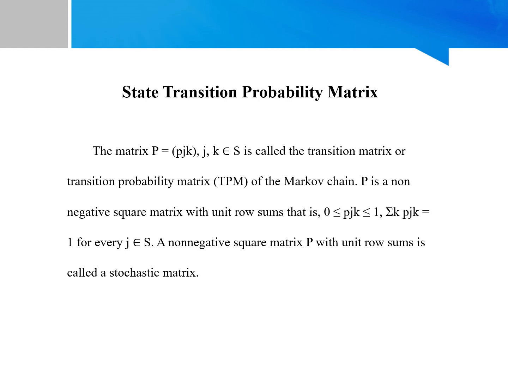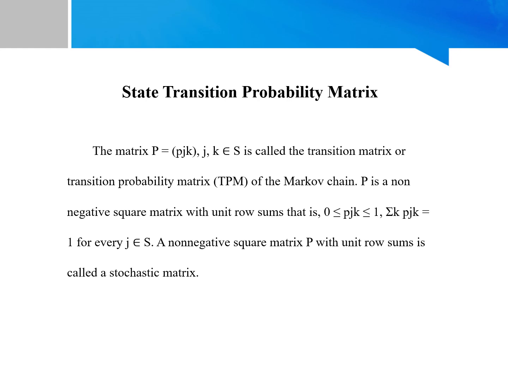P is a non-negative square matrix, that is, it has the same number of rows and columns, with unit row sum. The sum of the probabilities in each row will be equal to 1, and the probability values P_jk range between 0 and 1.